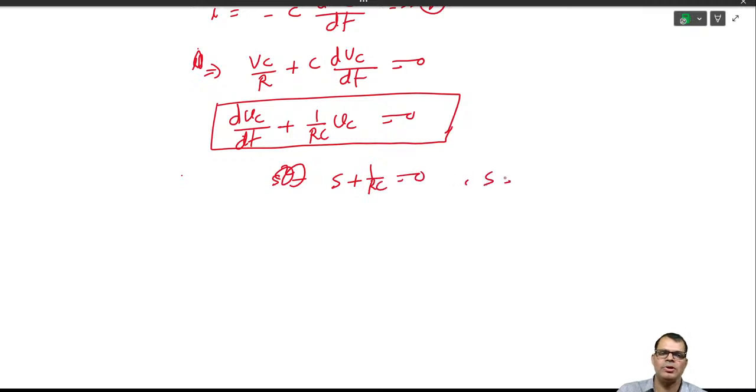So the pole, or root, is minus 1 upon RC.